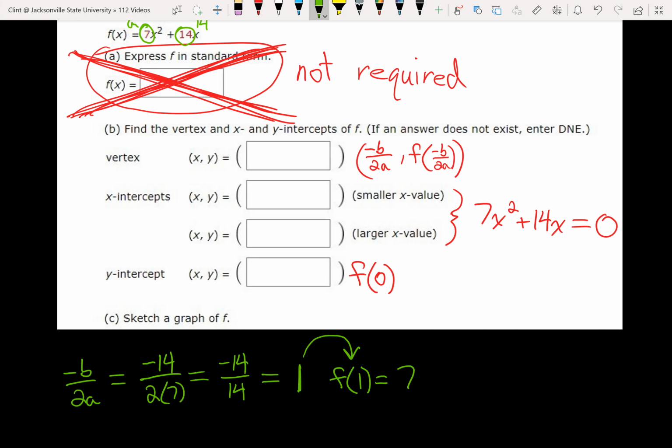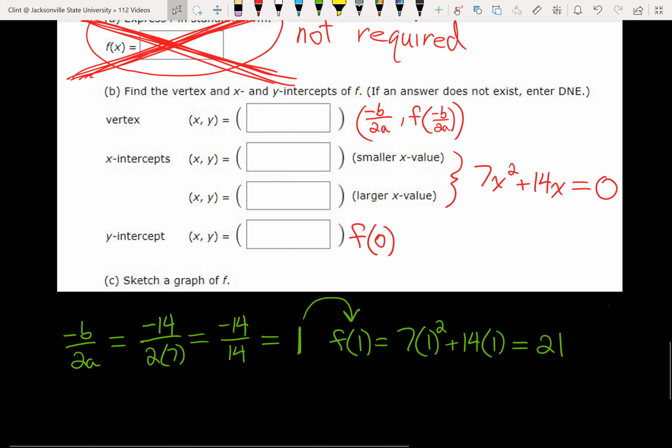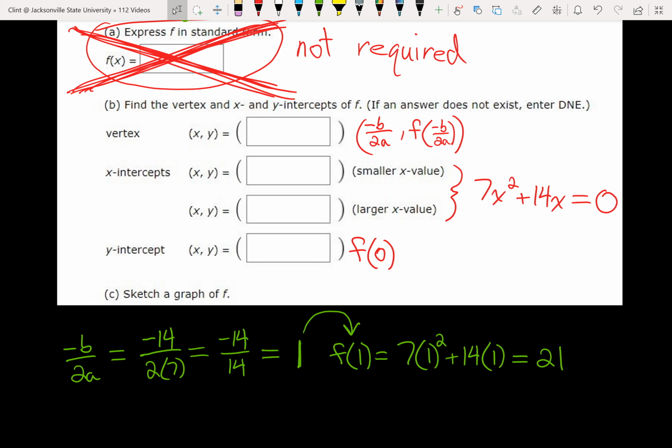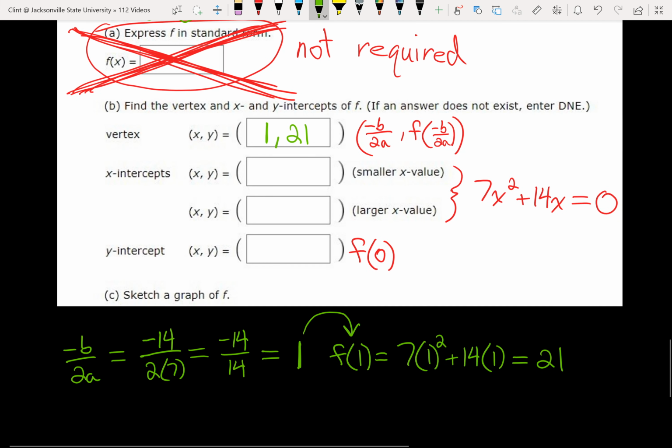So we have 7 times 1 squared plus 14 times 1, that's 7 plus 14, so we get 21. So our vertex is at the point 1, comma, 21. It was plus, not minus, right? Yeah, plus. So 1, comma, 21.